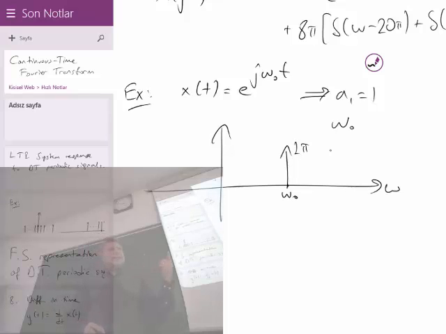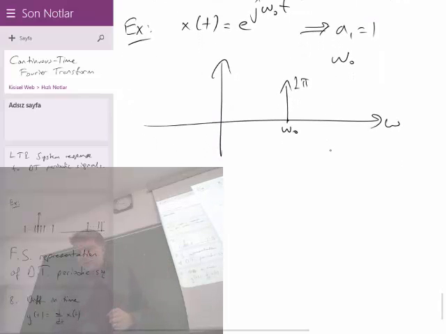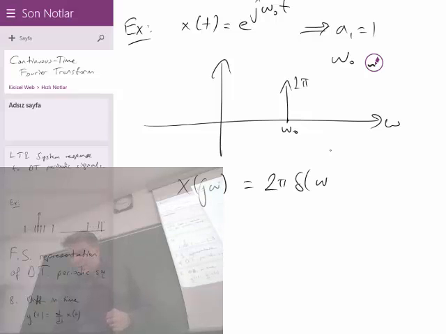A single impulse. Or if you want to just write down the expression, then you have to say that X of j omega is equal to 2 pi delta omega minus omega 0. Simple. When things are too simple, it may be confusing, but as you see, it's as simple as this.